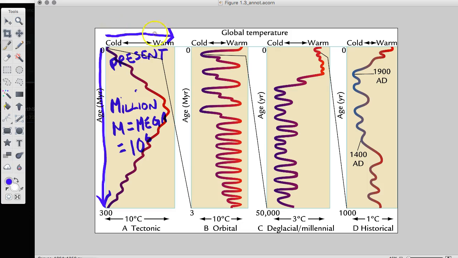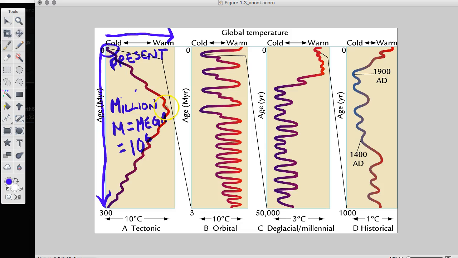So one thing you might notice here is today, compared to the last 300 million years, we have a pretty cold temperature or cold climate. And this means that we are in an ice age. Any time that there are glaciers present on Earth's surface means that we are in an ice age.